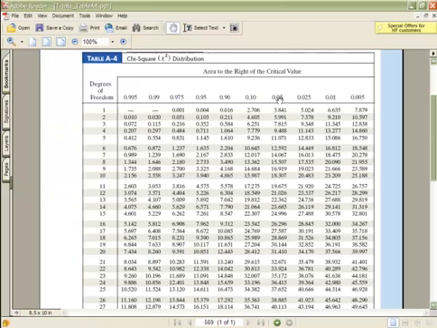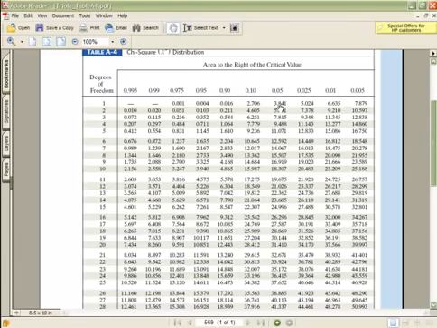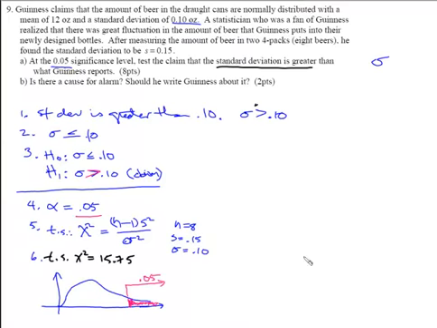So area to the right is 0.05, and our degrees of freedom is 7, so that's 14.067. We got 14.067 as our critical value.